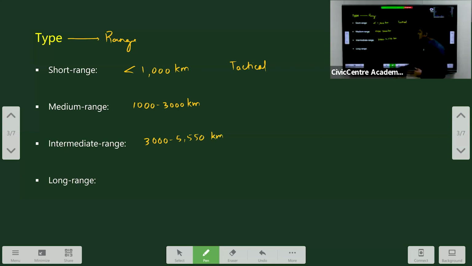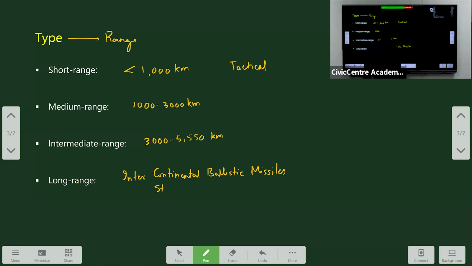Now, lastly, we have long-range ballistic missiles. They are also called intercontinental ballistic missiles, or we can also call them strategic ballistic missiles. The range of these long-range missiles is more than 5,500 kilometers.